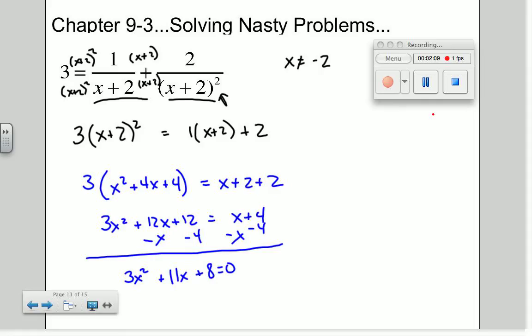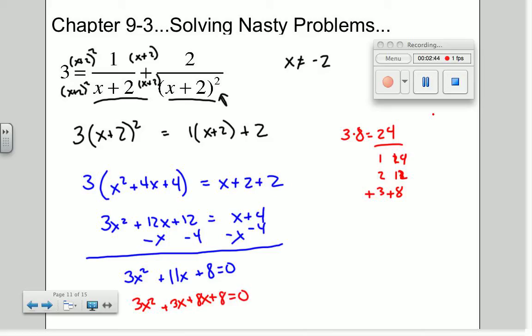Wow. This looks pretty factorable, so let's see if we can go ahead and factor it. 3 times 8 is 24. Okay, I'm going to solve by factoring. So 24 has factors of 1 and 24, 2 and 12, 3 and 8. Oh, look, 2 numbers that add to 11. So I got 3x squared plus 3x plus 8x plus 8 equals 0.